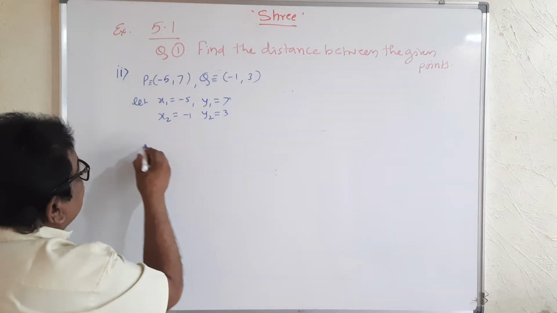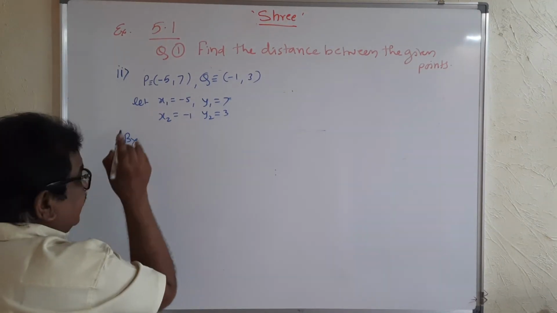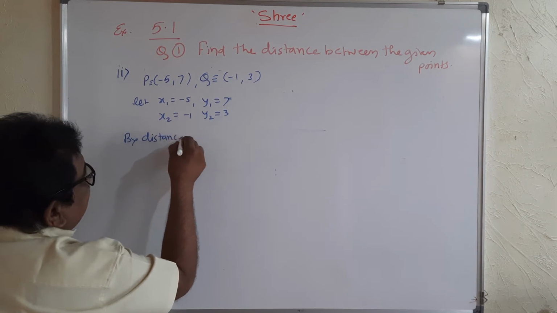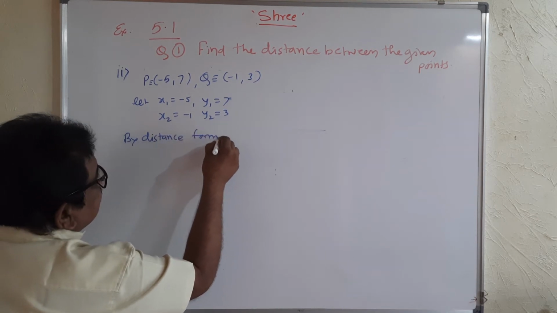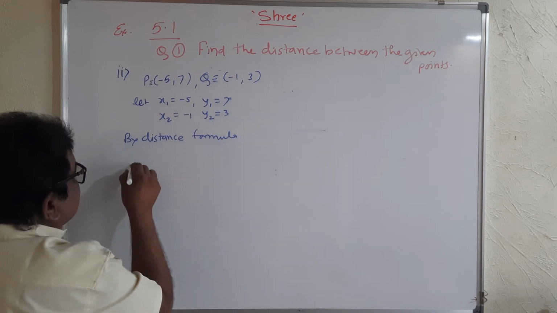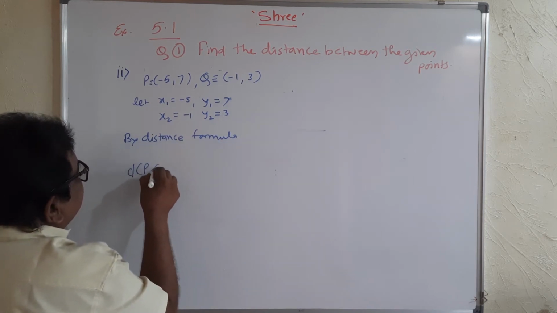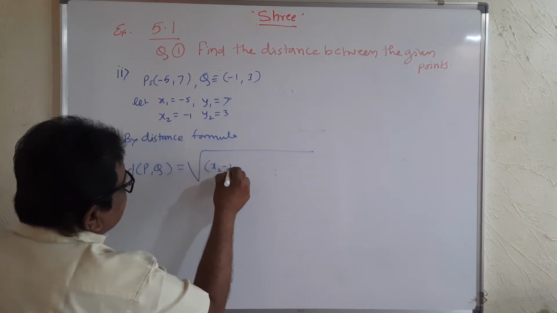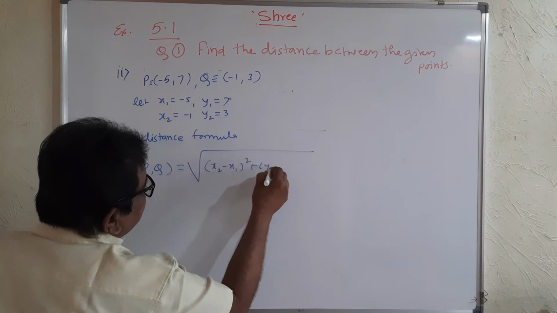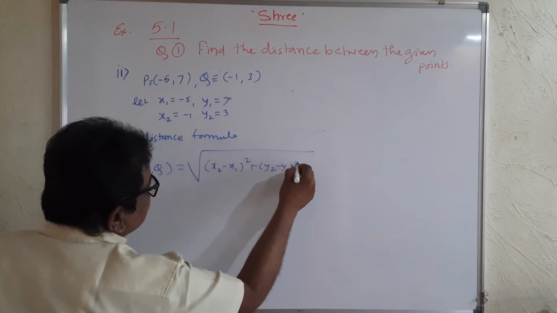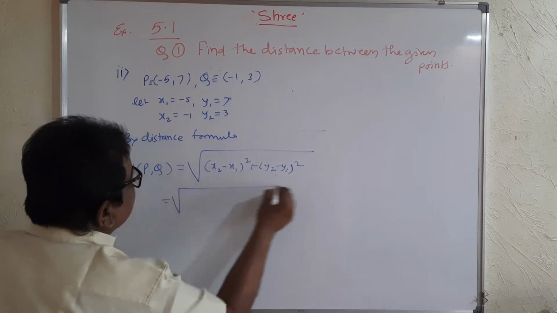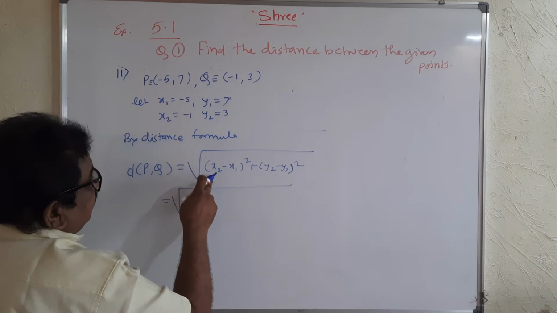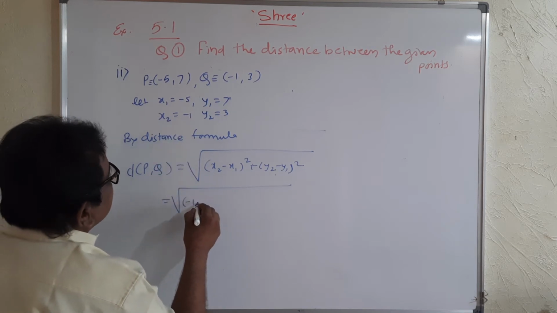Correct? Now, every time you have to write the distance formula. What is that? Distance PQ is equal to under root x2 minus x1 the whole square plus y2 minus y1 the whole square. So after putting the values, what is x2? Minus 1. And what is x1?